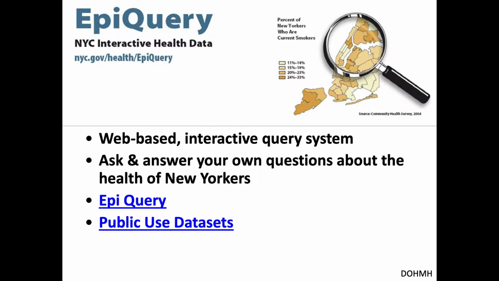All of this data is publicly available, and anyone is really able to do analysis, provided they have the expertise to do so. So I'd strongly encourage you to look at EpiQuery, look at the BRFSS online query system, and just become familiar with these data.